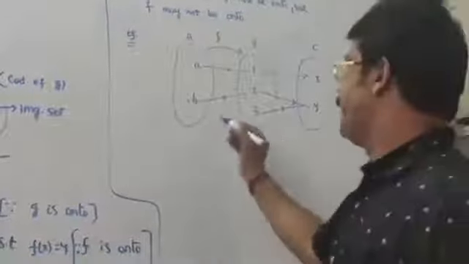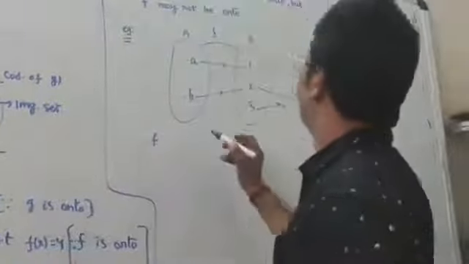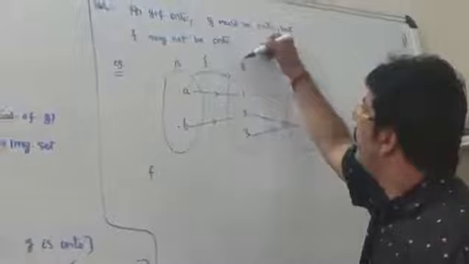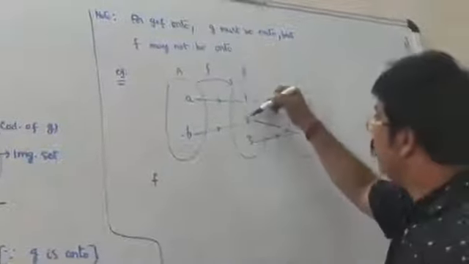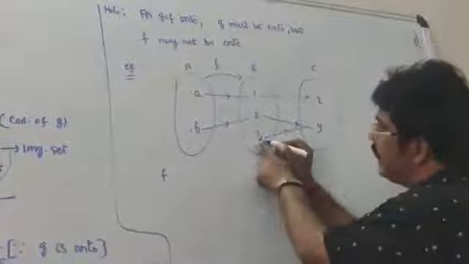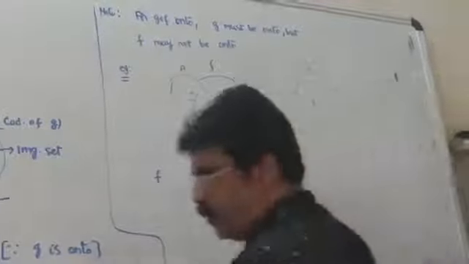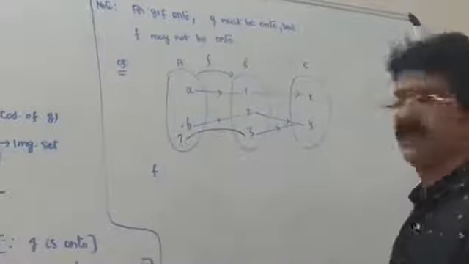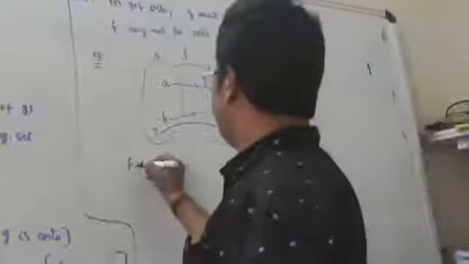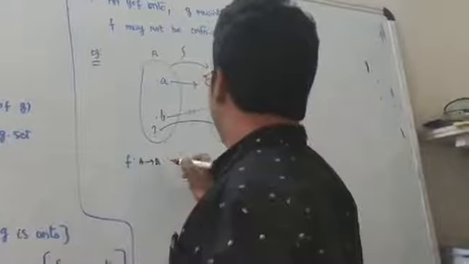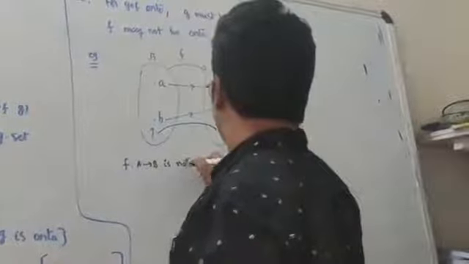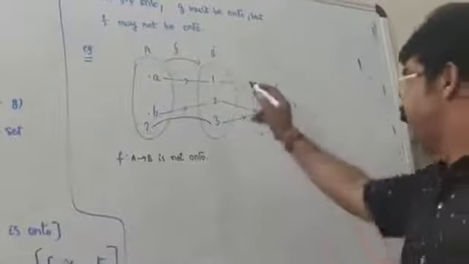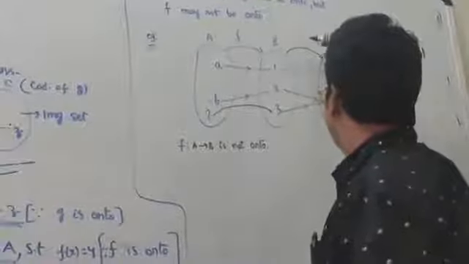Listen, for f, B is the codomain. In the codomain, for the element 3, there is no pre-image. Therefore, f from A to B is not an onto function.